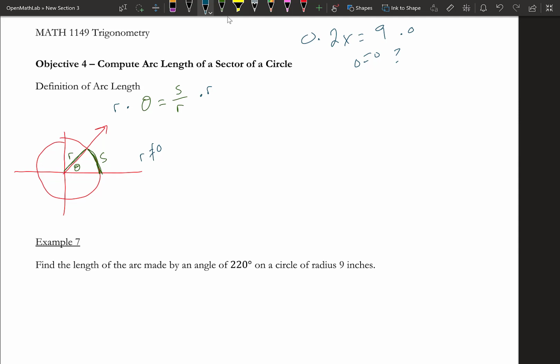So what we end up getting is the r's cancel each other out on the right side. So we get r times theta equals s. I could rewrite that, flipping the sides, and we get s equals r theta. So this is a relationship for arc length. And it's important to note here that theta is measured in radians.